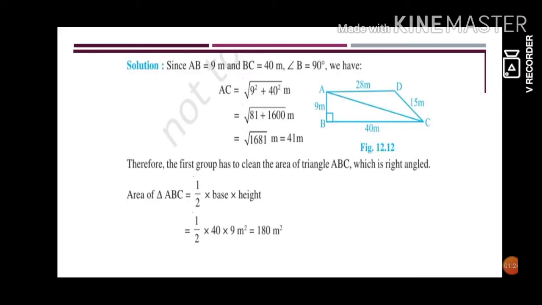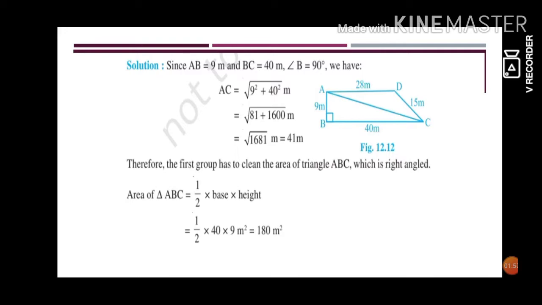So first we are going to solve the right angle triangle. Here AB is 9, BC is 40 meter. Angle B is 90. So easily we can find the side AC by Pythagoras theorem. So the side AC will be root under 9 square plus 40 square. 9 square is 81 and 40 square is 1600.